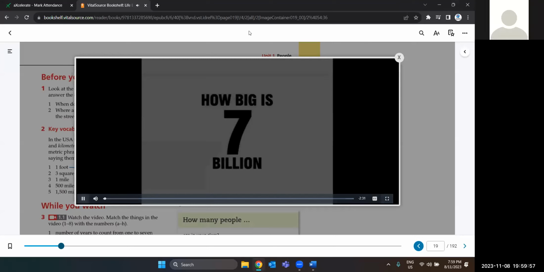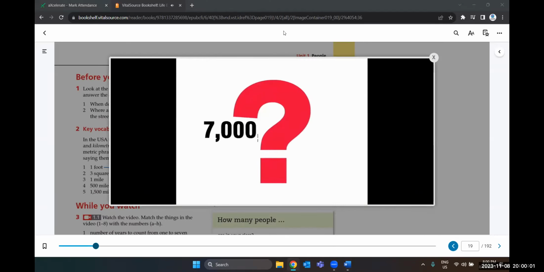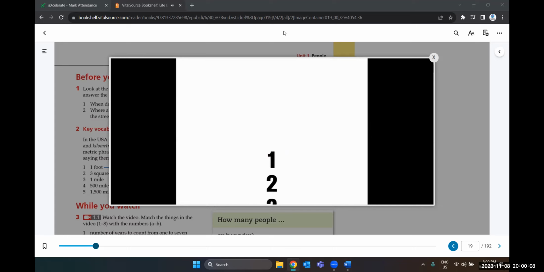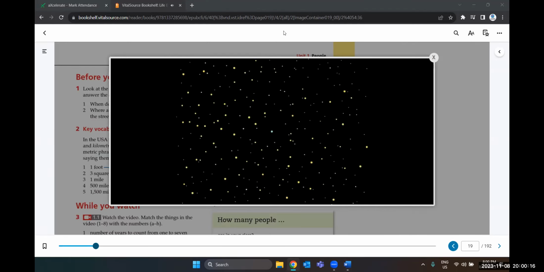There are 7 billion people in the world. But how big is 7 billion? 1, 2, 3, 4. Don't count from 1 to 7 billion. It takes 200 years. There are 7 billion stars.